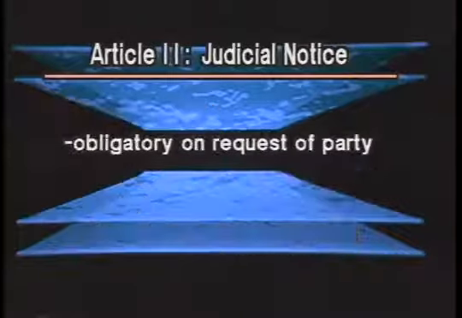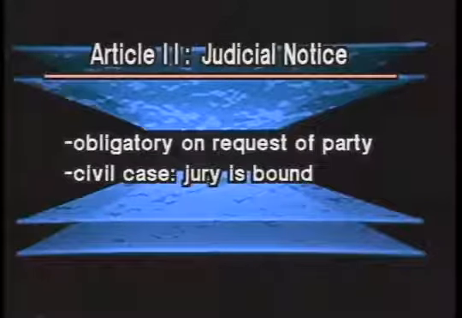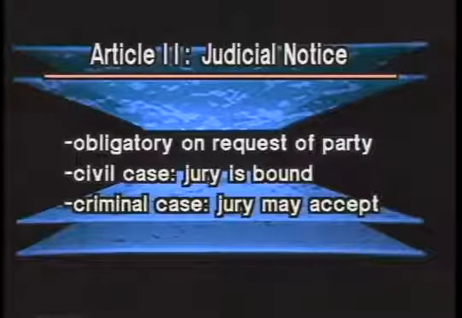You have to do it at the request of a party, if the party gives you the basis on which to do it. In a civil jury case, you tell the jury they are bound by it. In a criminal jury case, you tell the jury they may accept it, but they're not bound by the fact that you've judicially noticed. That is the sum and substance of Article 2. That is the sum and substance of the Federal Rules of Evidence dealing with judicial notice.